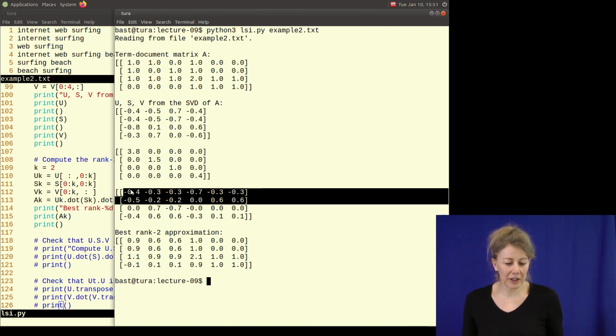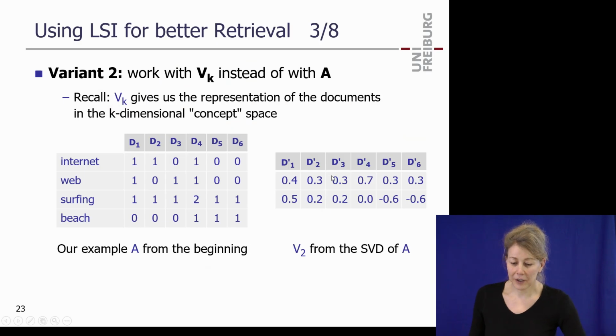They now tell me for document 1, take minus 0.4 times concept 1 and minus 0.5 concept 2. Now it's not like 1, 0, 1, 0, 1, 1. It's a real linear combination, but this is what this matrix V gives me. So I've copied the value here.